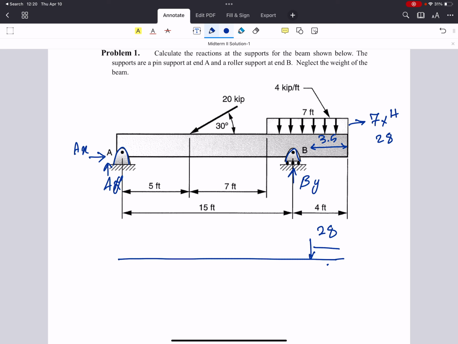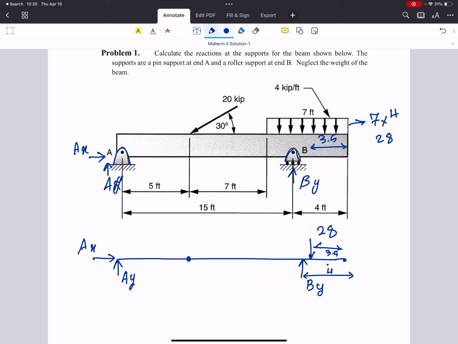Then we had BY, which is 4 feet away from the end. This one is AY, this is AX.